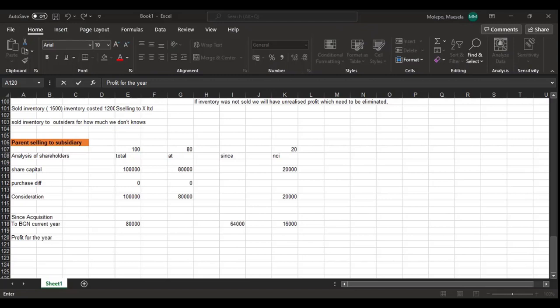You see, the 60 is profit before tax. The 60 minus 20 will give you 40,000, which is the net profit. Do you see what I'm referring to? The 60 is profit before tax, and the 20 is taxation. We are happy.